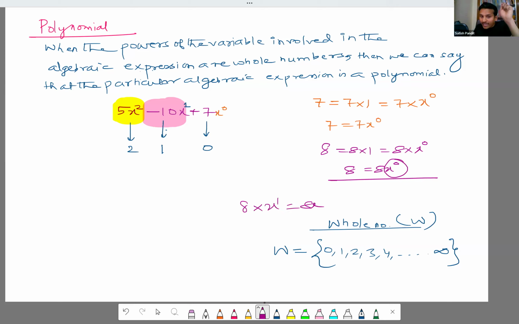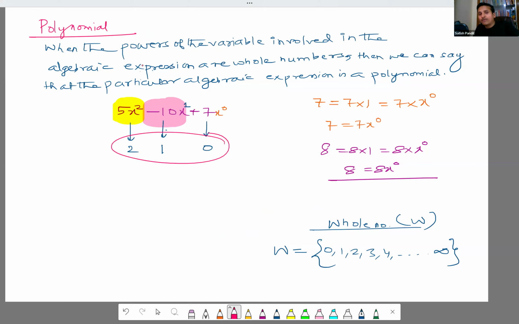For 8 to remain 8, x to the power must be 0. Then only 8 into 1 will become 8. Yes or no, everyone? So whenever we have a constant, the power of the variable must be 0. Okay, remember that.